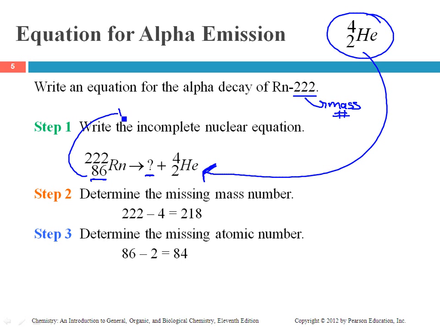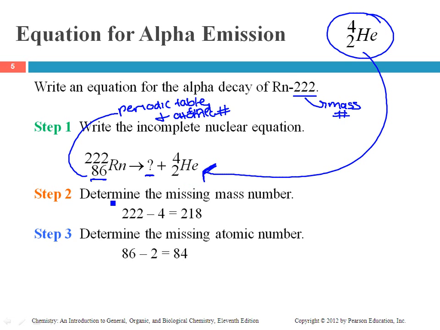You go to your periodic table, and it's understood that you know how to go to your periodic table and find the atomic number, which is 86. Okay, both sides have to balance. So our mass number is 222, and on this side we only have a mass number of 4.